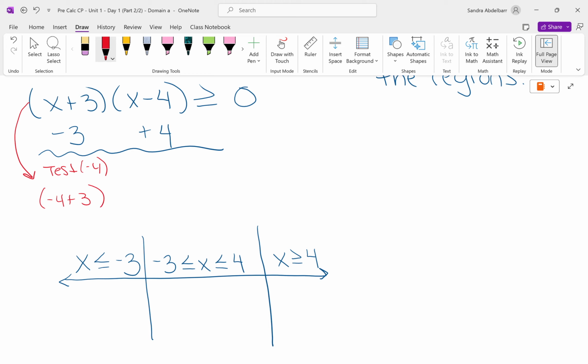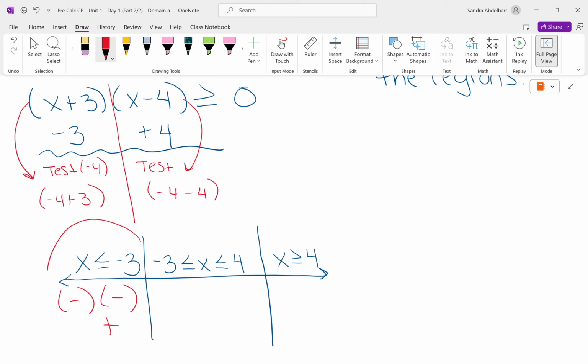Testing negative 4, we have negative 4 plus 3. Do we agree that's a negative? Then negative 4 minus 4 is negative 8, so that's another negative. A negative times a negative is a positive.